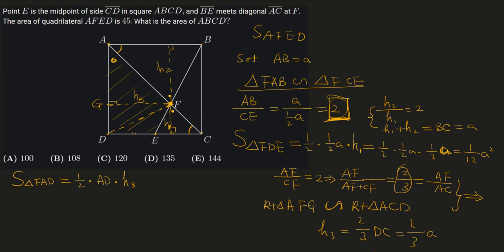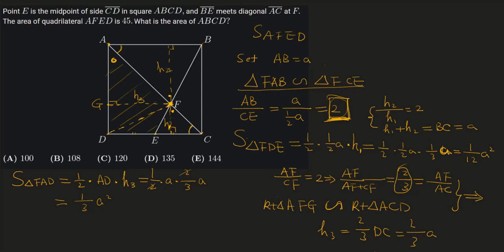Good. Now let's come back to this area of triangle FAD. So this equals 1/2 times A times 2/3 of A. And this equals, we cancel the 2, so that's 1/3 of A squared.